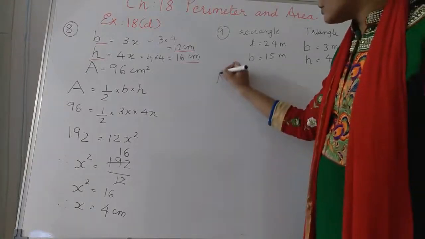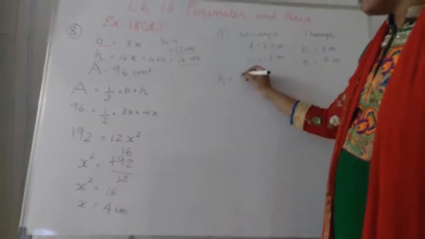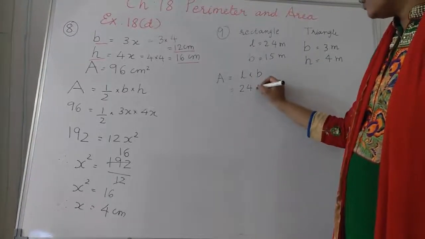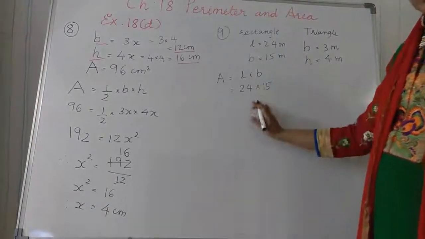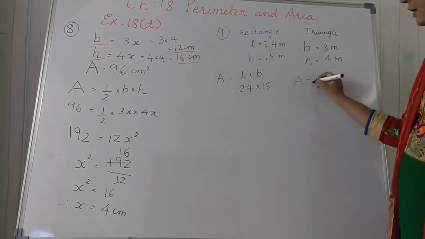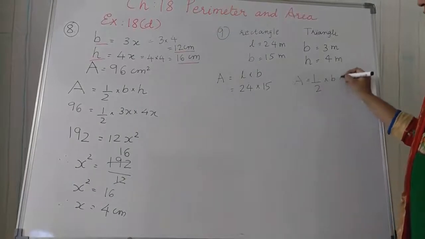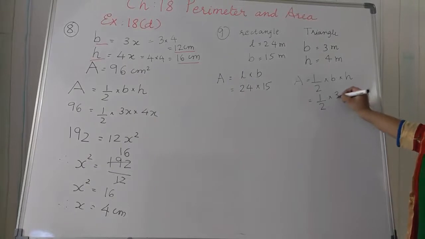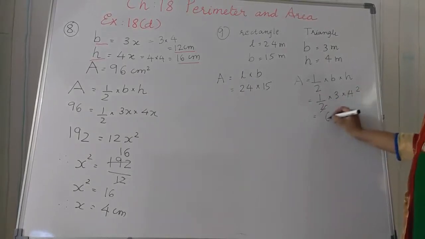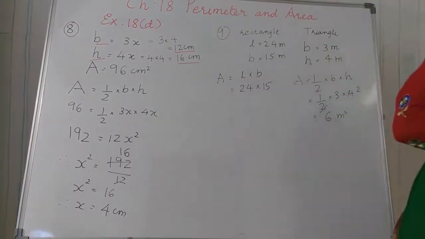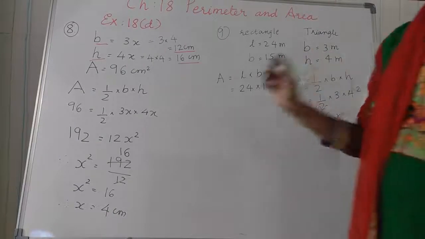So first of all, for that I find the area of the rectangle by taking length into breadth, 24 into 15. I do not solve it, just keep it like this. Then the area of the triangle by taking half base into height. So here half base is 3 and height is 4. It means we get 3 2s are 6 meters square. So now here I write the number of flower beds. What do we want? Triangular flower beds.